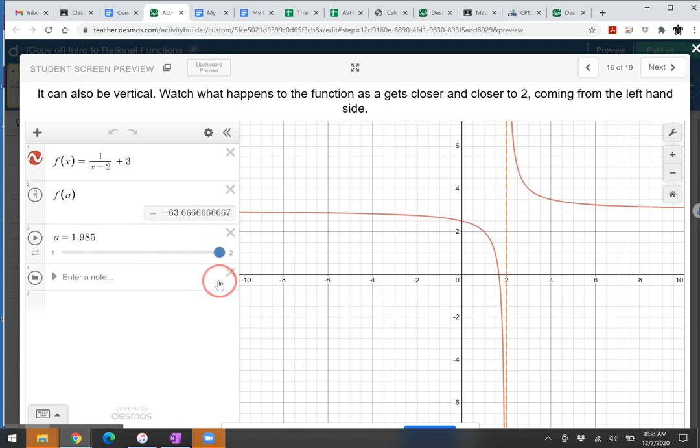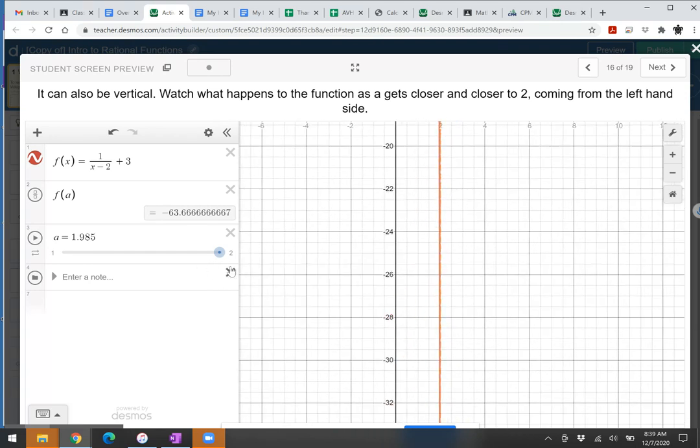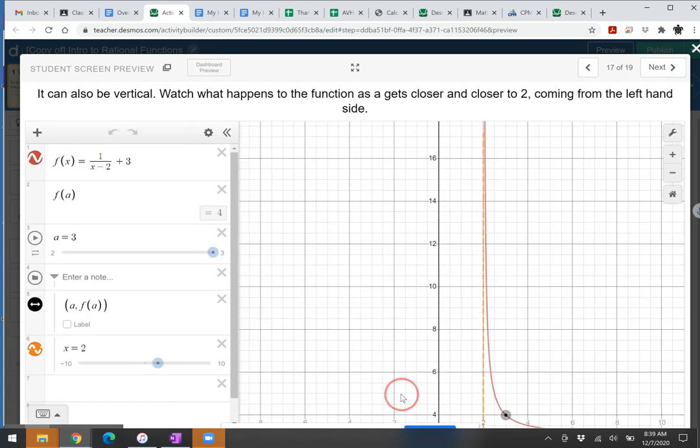And the closer and closer I get to 2, the bigger negative it gets, so the closer to negative infinity this number is getting, okay? And on the other side of the function, the closer I get to 2 coming from the right side, the higher and higher this number is going, okay?